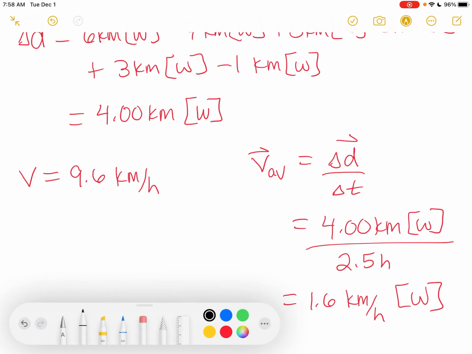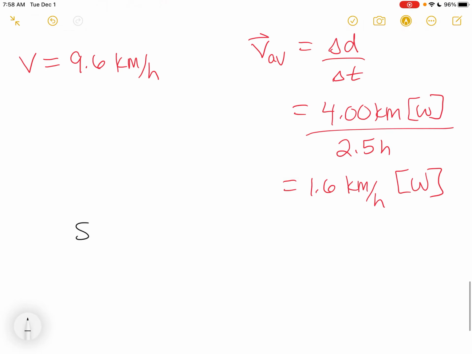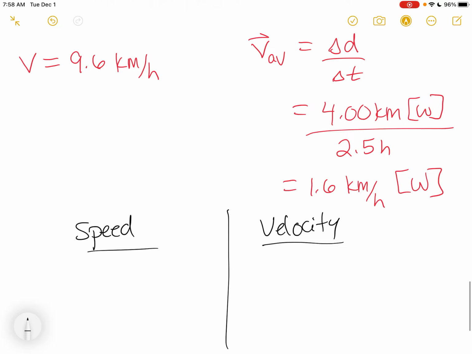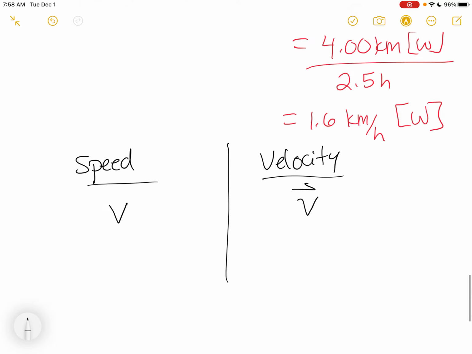All right, so when we're comparing speed to velocity, speed is represented by a V, velocity by our V with our vector arrow over top. The units for speed are meters per second. They're the same for velocity.